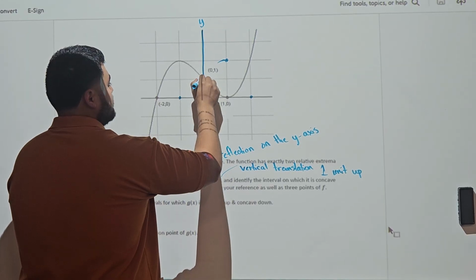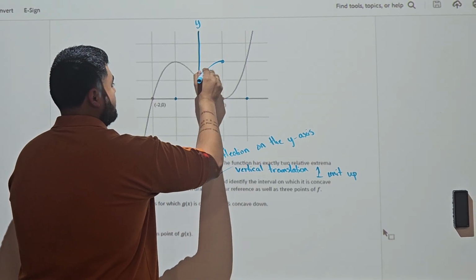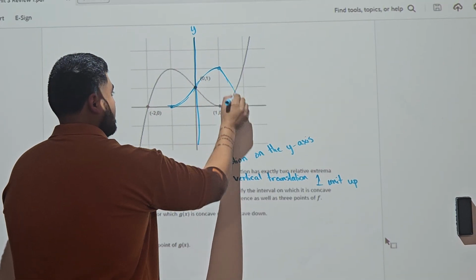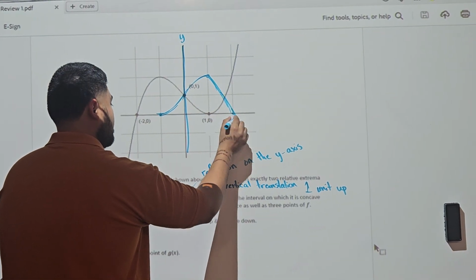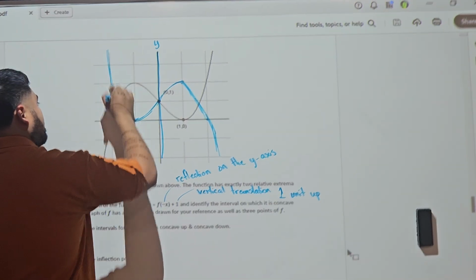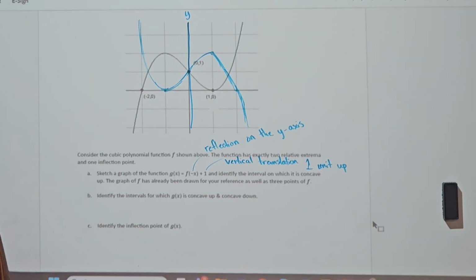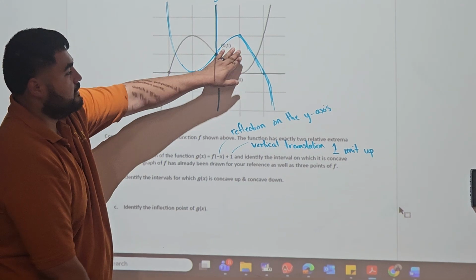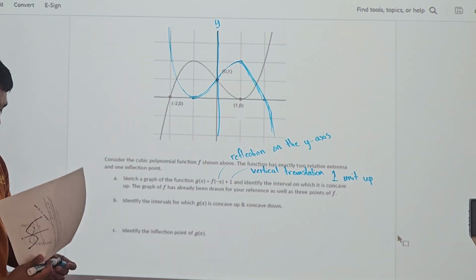This one, since it's right on the y-axis, we're gonna leave it alone. It should look a little something like that, not perfect.